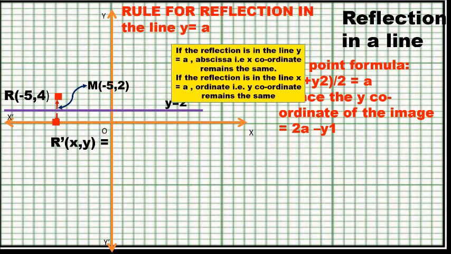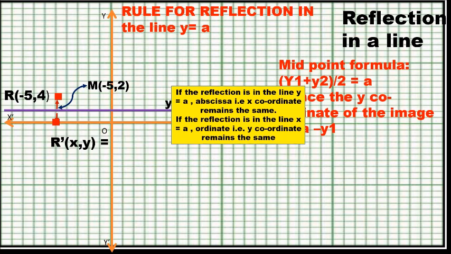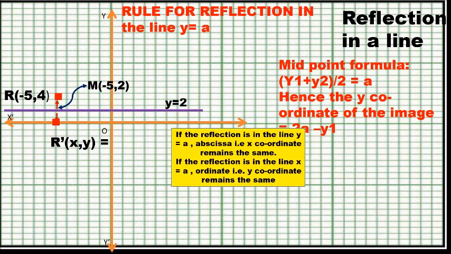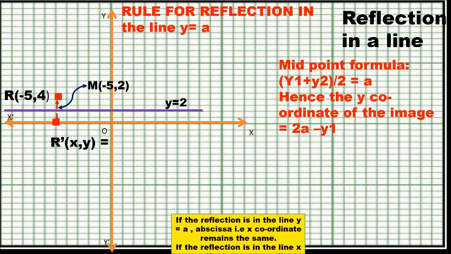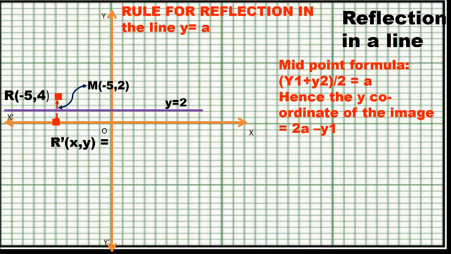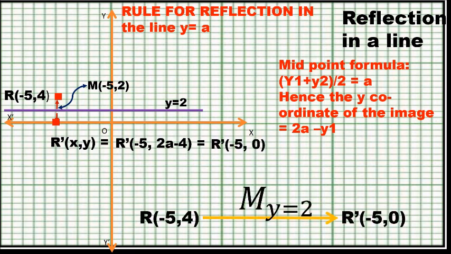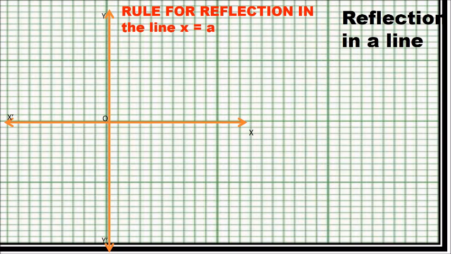The point to be noted is, in reflection on y is equal to a, the abscissa remains the same, whereas in reflection in x is equal to a, the ordinate remains the same. So here the y coordinate will be 2a minus 4, so 2 into 2, a is 2, 4 minus 4, 0. So the image of the object R(-5, 4) is R dash (-5, 0).